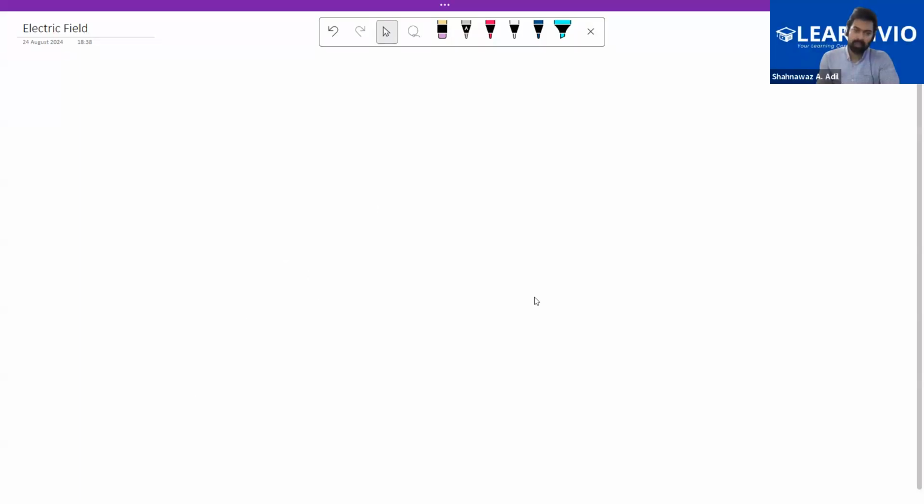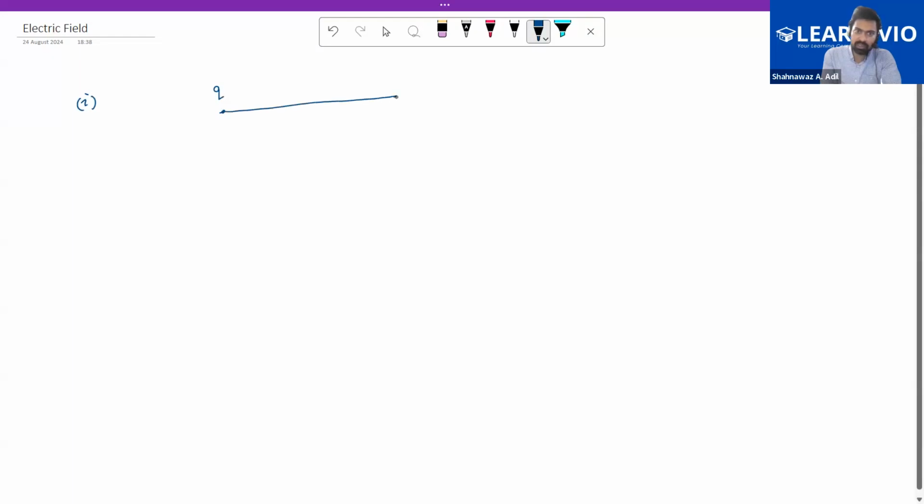So we have a point charge, right? And if we calculate the electric field at a certain distance, let's say R, at this point, so what is the electric field?